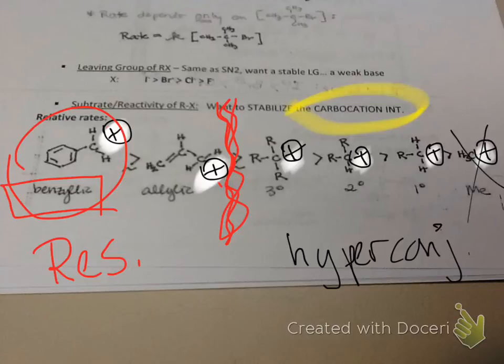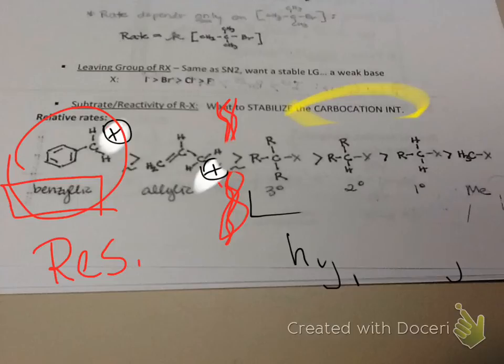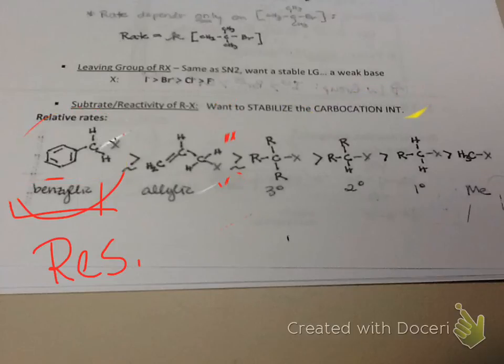They don't exist at all. The most stable are secondary and tertiaries. We generally, for SN1 reactions, don't form primary or methyl carbocations. That would have come from a primary or a methyl alkyl halide, and those usually undergo SN2 reactions.